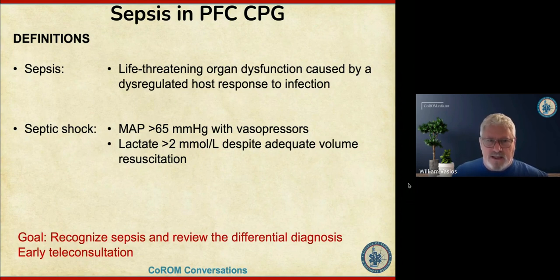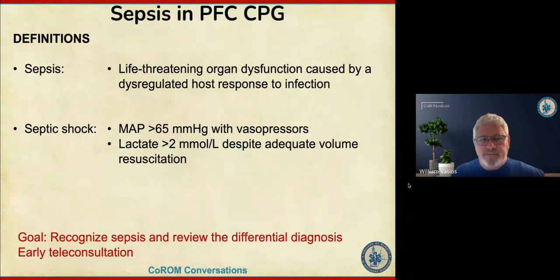So sepsis is that life-threatening organ dysfunction that's caused by a dysregulated host response to a severe or significant infection. And then when they cross over into septic shock, now you're talking about organ failure and other management issues. You go from a complicated condition of sepsis to a complex situation of septic shock where you're managing multiple organ systems to try and get them all to work.